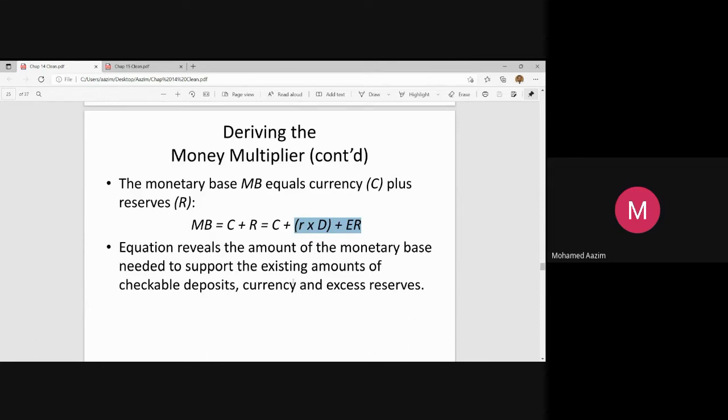D, C, and ER. Checkable deposits is D. Here, big D. Currency is C. It's here. Excess reserves is here. So, to support this combination, what's the monetary base required?